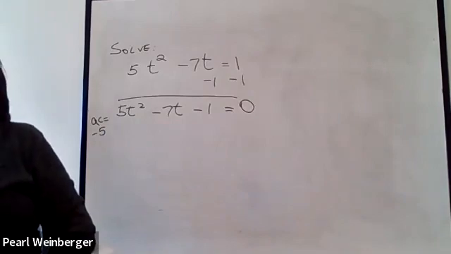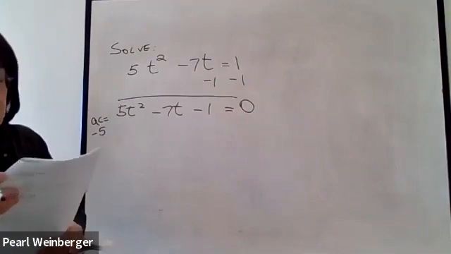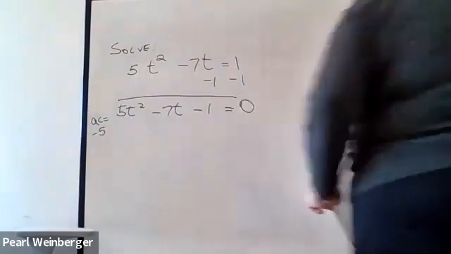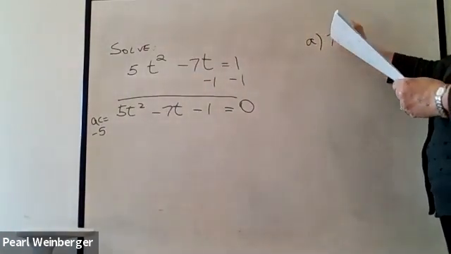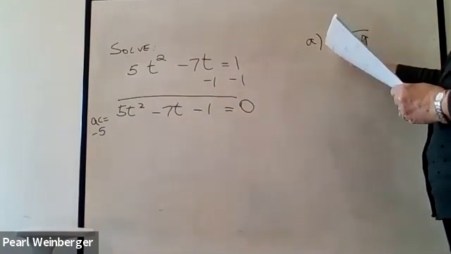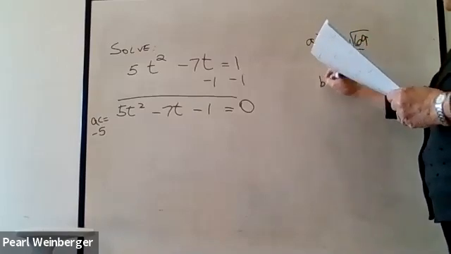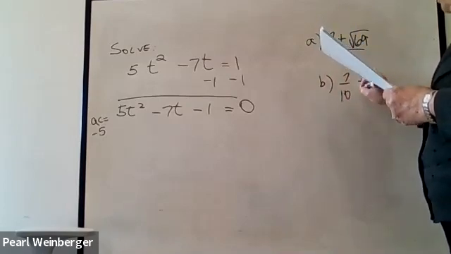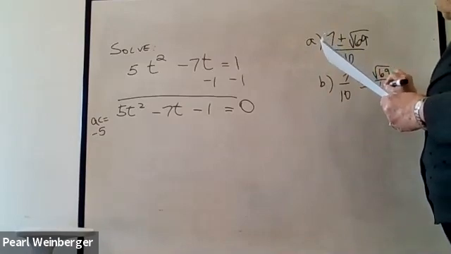It's a multiple choice question. So on the side over here, I'm going to give you the possible answers, and you're going to pick out the correct answer. Choice A is 7 plus or minus radical 69 over 10. Choice B is 7 over 10 plus or minus radical 69 over 10 i.